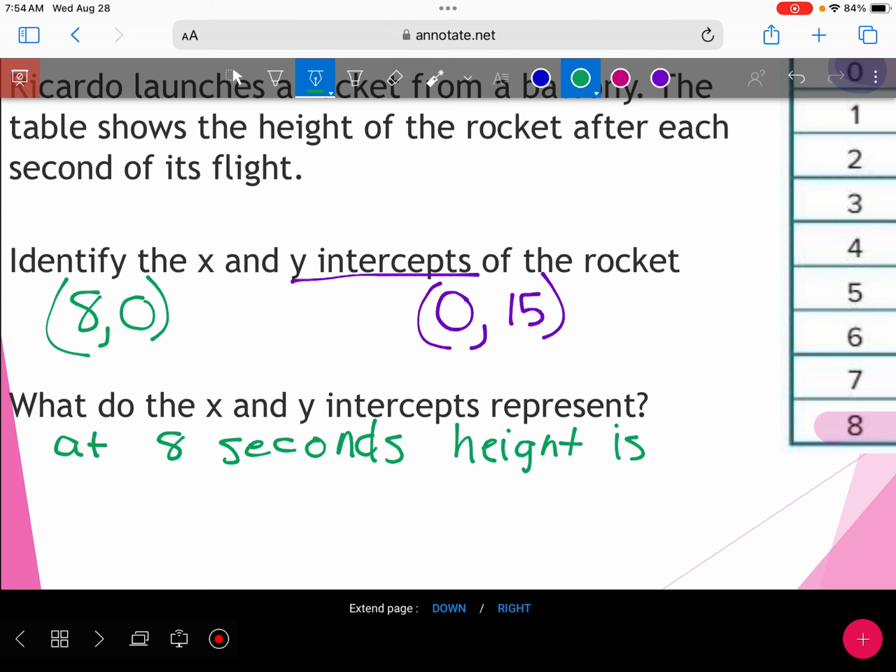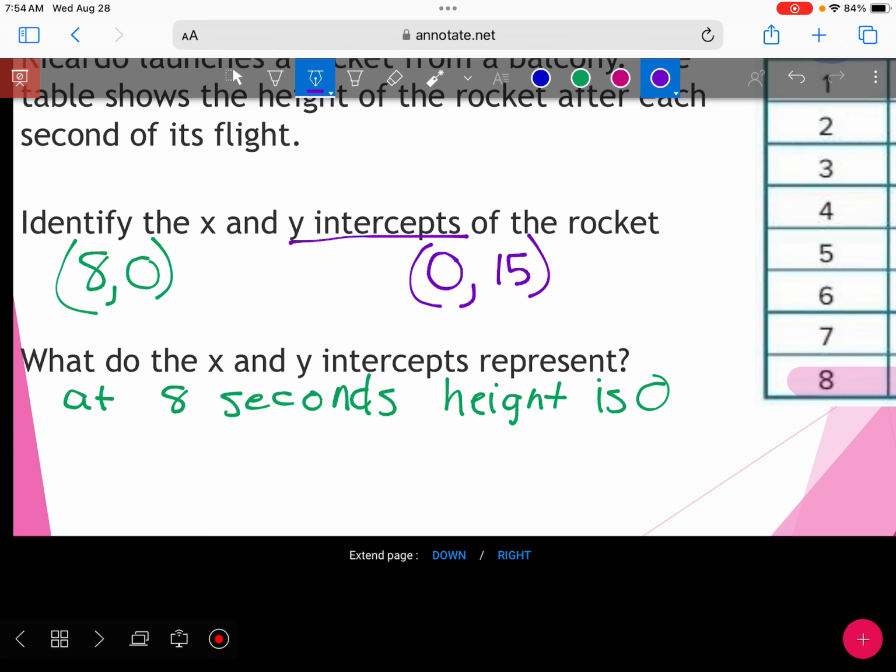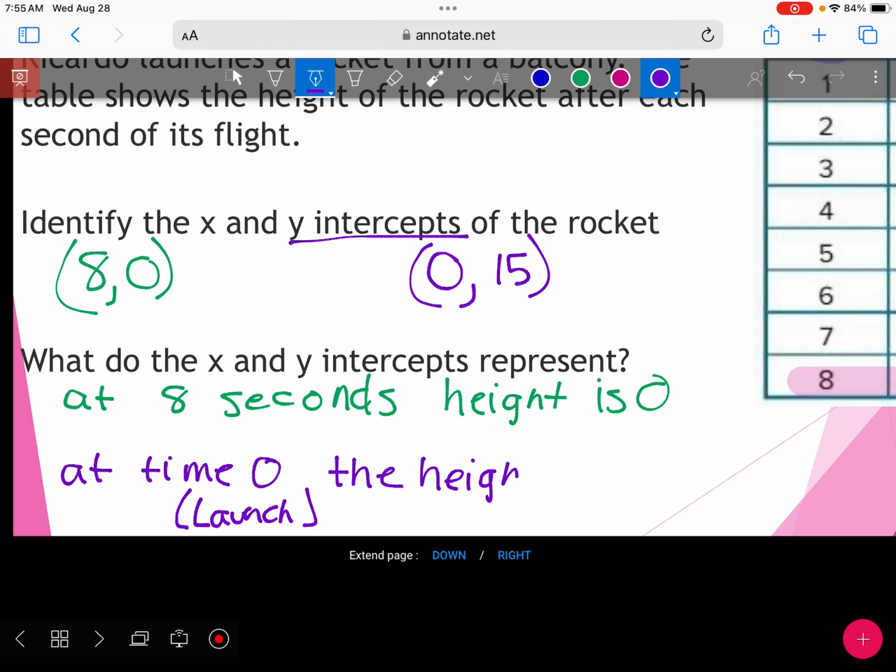So what's my y-intercept in context? At time 0, height was 15. So at time 0, which would also be known as launch, the height is 15.